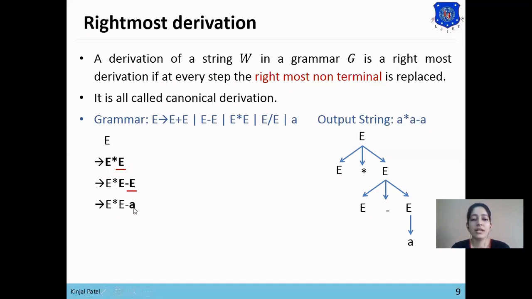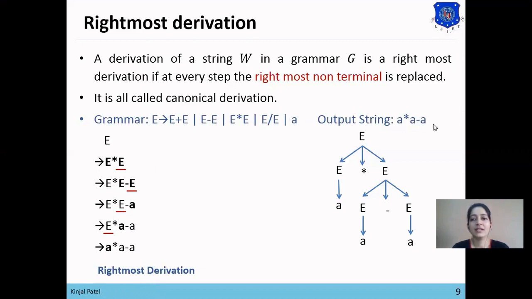Now we'll select the rightmost non-terminal E. Here A and minus are the terminal symbols, so we'll replace E with A. Now A minus A star, all are terminal symbols, so our rightmost non-terminal is E and we'll replace that with A. So you can see that our rightmost derivation has been generated for the string A star A minus A. So we can generate A star A minus A from this grammar.